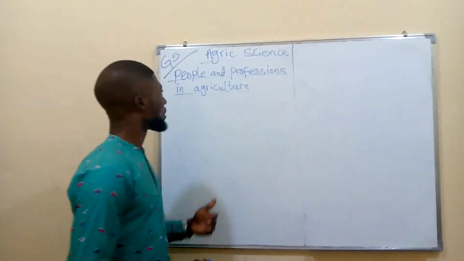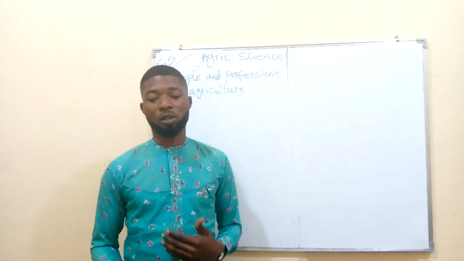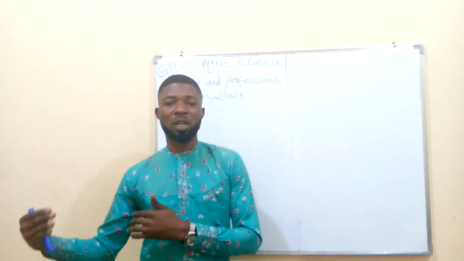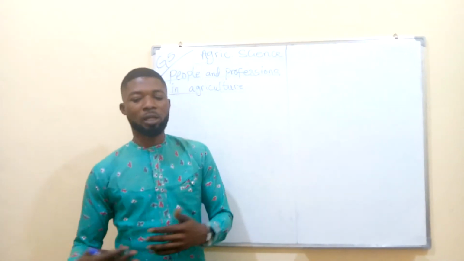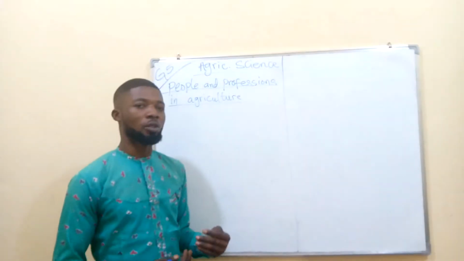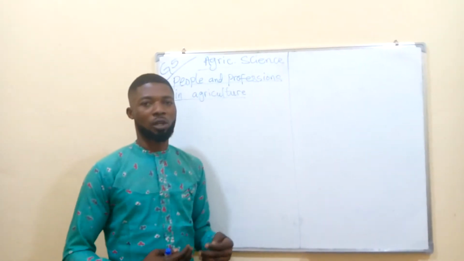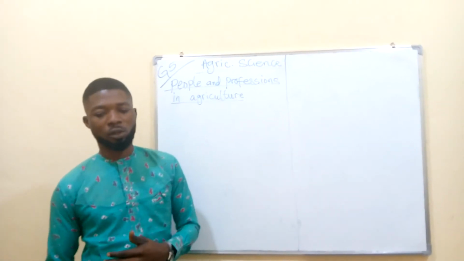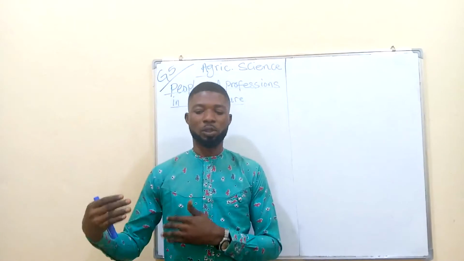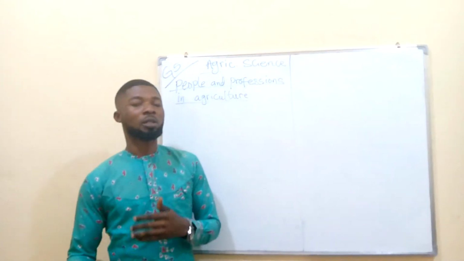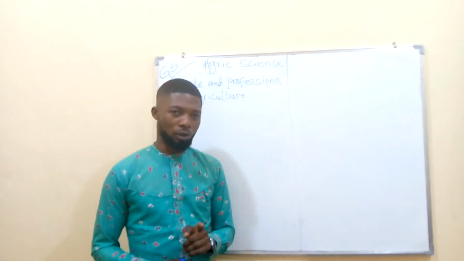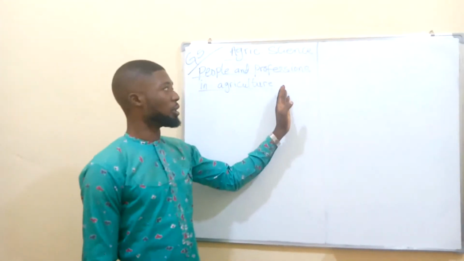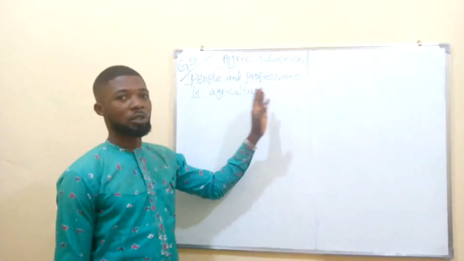I'll say it again. People and professions in agriculture refers to people who are specially trained to practice agricultural activities. These people are specially trained, and they also practice agriculture.